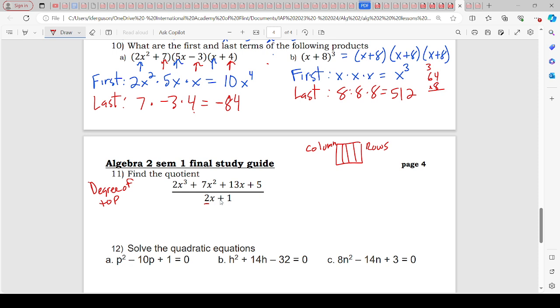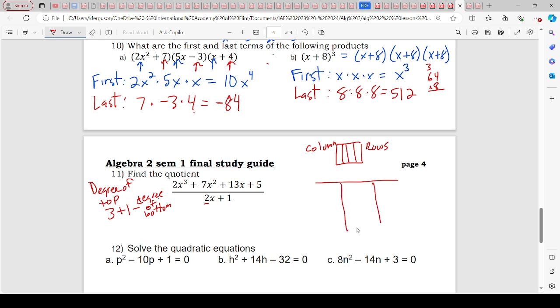And what's the degree of the top? It's 3. And then I add 1 and then subtract the degree of the bottom. So what's the degree of the bottom? Yep, no number means it's 1. So 3 plus 1 minus 1 means I got 3 columns.